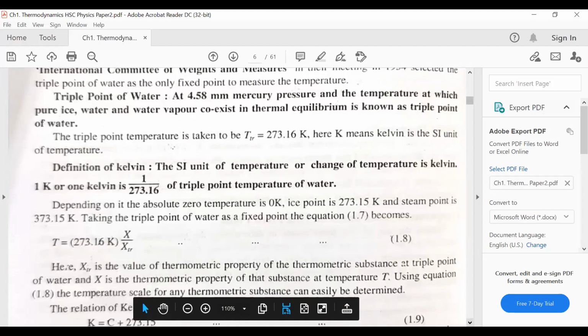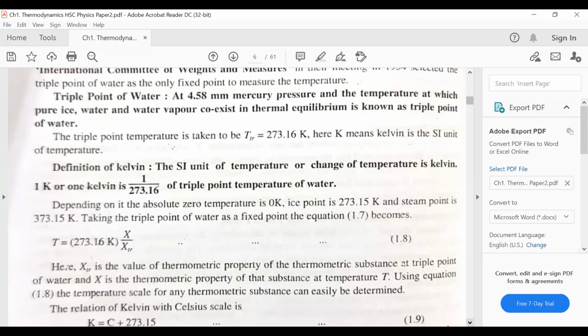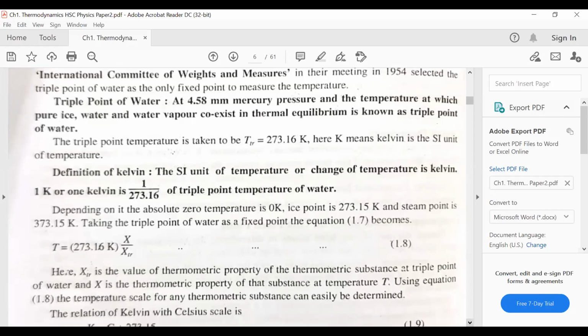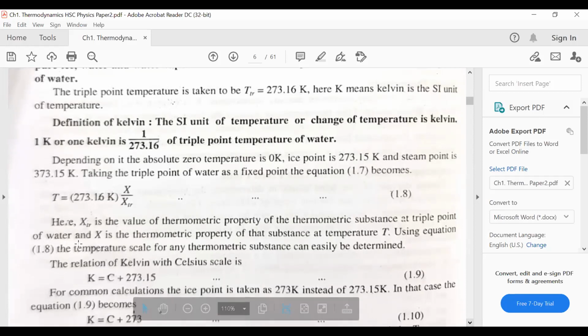You know how to convert degrees Celsius to Kelvin? There is one equation. Kelvin means degree Celsius plus 273.15. So if it is 0 degrees Celsius, in the Kelvin scale it is 273.15 Kelvin. Or for simplicity of calculation, you just keep 273 Kelvin.